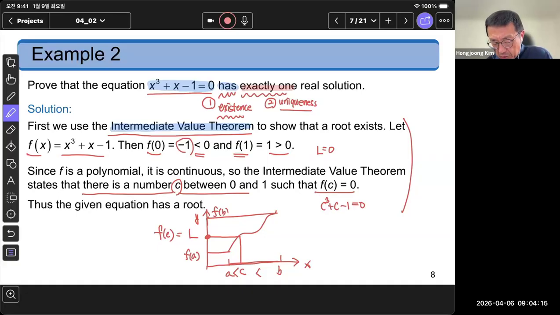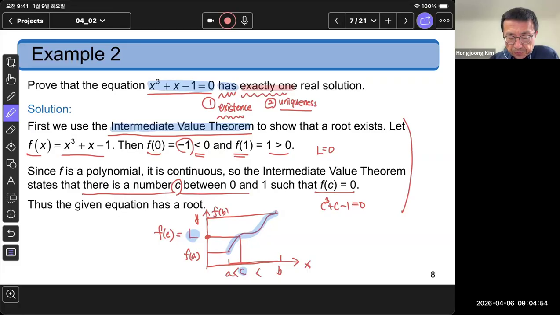If I have this curve like this, and f of a and f of b are distinct as in this figure, and if I choose any value like this L, then there will be some point c such that the function value at c equals L. That is called the intermediate value theorem, and it usually shows the existence of a solution.